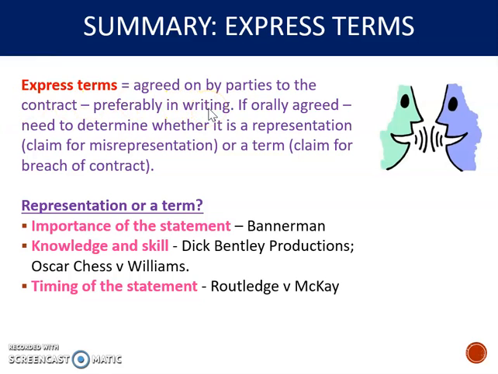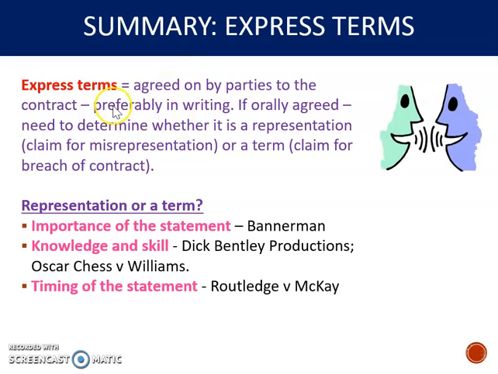Implied terms, which we look at in another video tutorial, are terms that haven't been actually agreed on by the parties, but they've been implied or put into the contract by the courts or by a statute such as the Consumer Rights Act. But express terms are ones that are expressly agreed on by the parties.